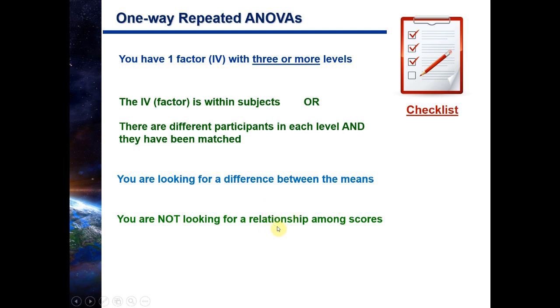I do not want to see this word or anything like this word in conjunction, I should say, with a t-test or ANOVA. Talk about differences, talk about effects, but stay away from anything that implies this, okay?